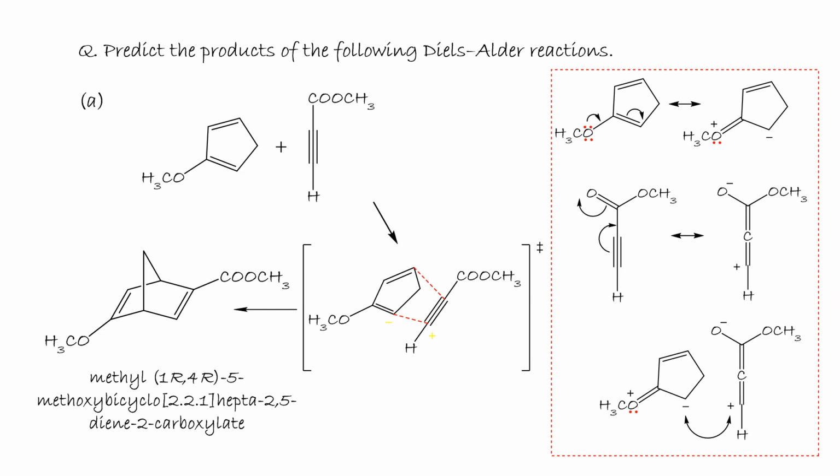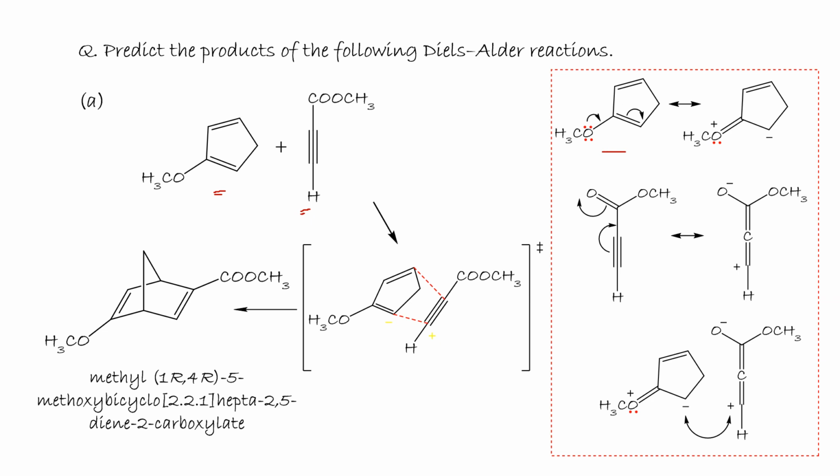Predict the products of the following Diels-Alder reaction. Here is the diene and here is the dienophile. So we have to identify the location of high electron density in the diene, and the electron deficiency in the dienophile. And we put these sites near each other and then we draw the transition state.